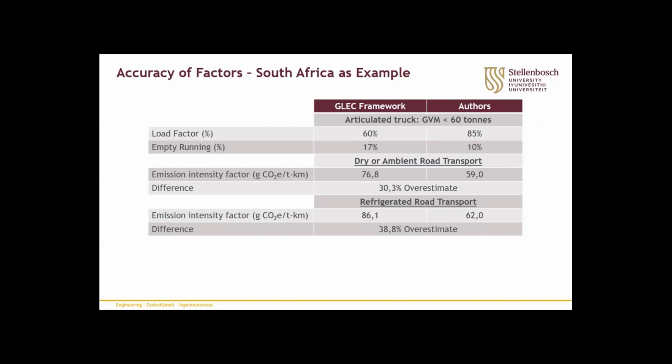The challenge here is, why did we do this? For the carbon border adjustment mechanisms, if we're going to be taxed based on these numbers, then that's not fair. So how do we get accurate numbers to make sure that whatever happens in that space is fair?